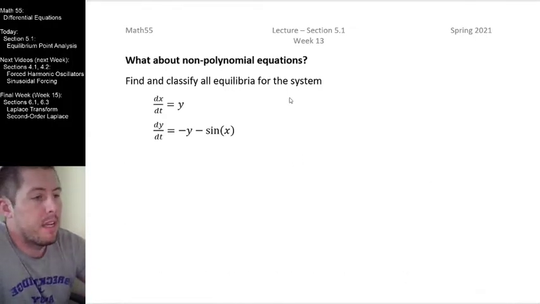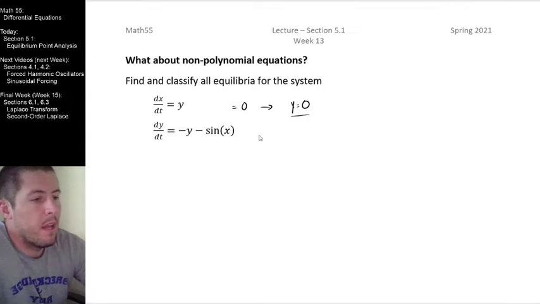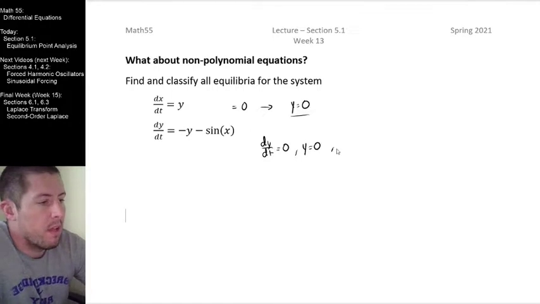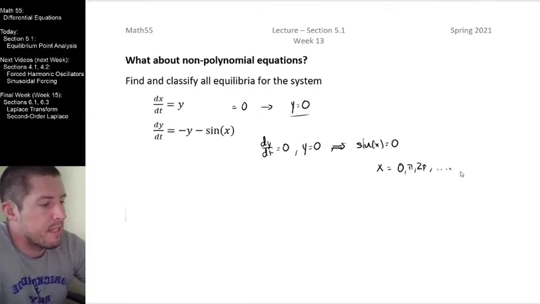What I'm seeing here is if dy/dt equals 0, then we need y to be equal to 0. Now if dy/dt is equal to 0 with y equal to 0, that tells me we must have sine of x equal to 0. And when is that going to occur? Well, that's going to occur when x is 0, pi, 2 pi, et cetera.